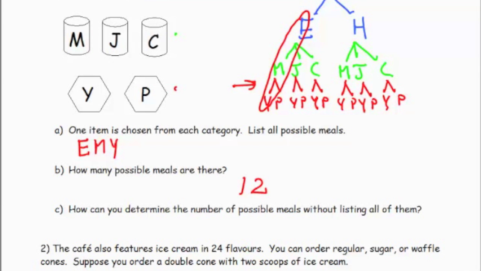How can you determine the number of possible meals without listing all of them? Well, if we go back up to what we were looking at originally, we have 2 options for sandwiches, 3 for the drinks and 2 for the desserts. If we multiply, we get an answer of 12.